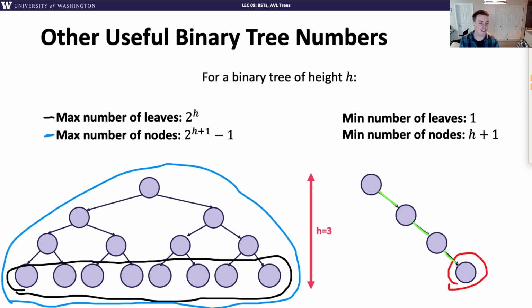If it's height h, that means there are 3 edges connecting these nodes from root to leaf. And edges have to have nodes on both sides. So if there are 3 separators here, there need to be 4 nodes connecting them. That's why the minimum number of nodes here is h plus 1. So these are useful things to remember about how these trees can vary in terms of the number of nodes in them, even if they have the same height.